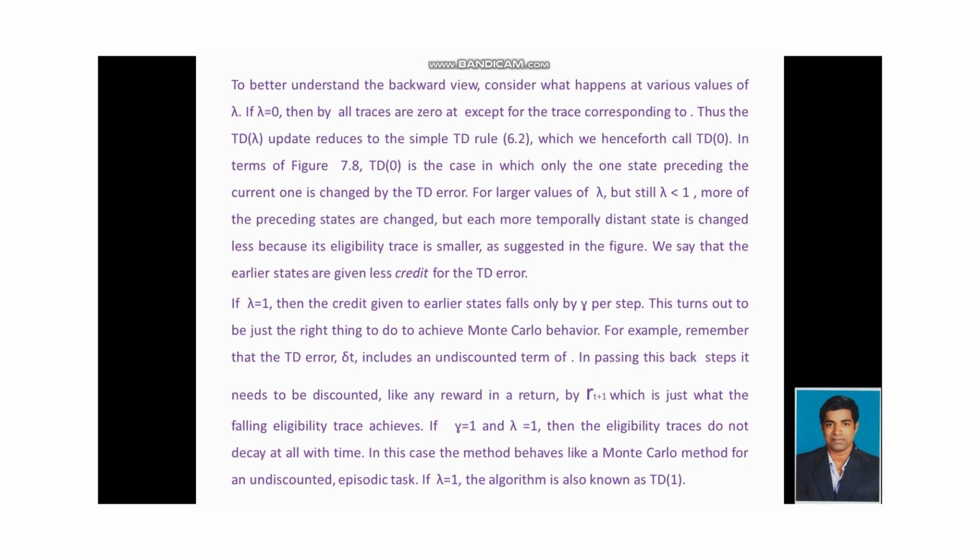It needs to be discounted like any reward in a return, which is just what the falling eligibility trace achieves. If γ = 1 and λ = 1, then the eligibility traces do not decay at all with time. In this case, the method behaves like a Monte Carlo method for an undiscounted episodic task. If λ = 1, the algorithm is also known as TD(1).